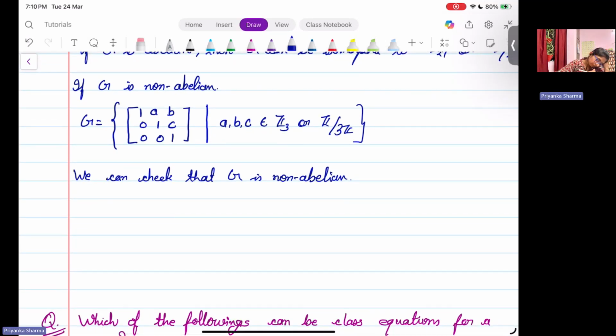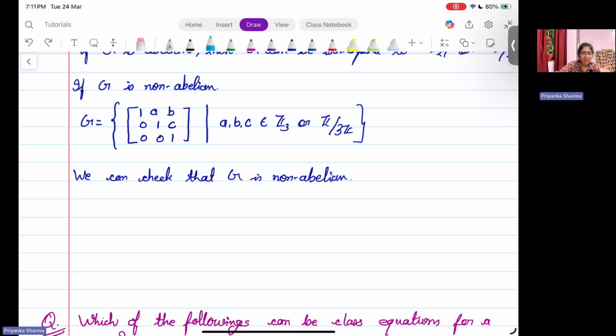Now, what about the order of this group? See, in this group, diagonal elements are fixed, and these elements which are below the diagonal are 0.